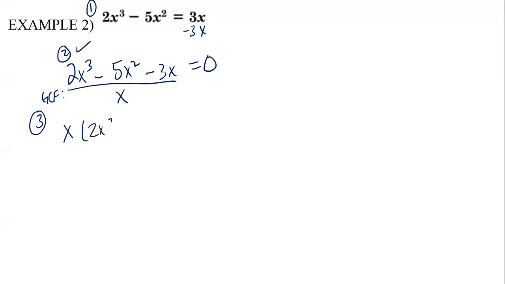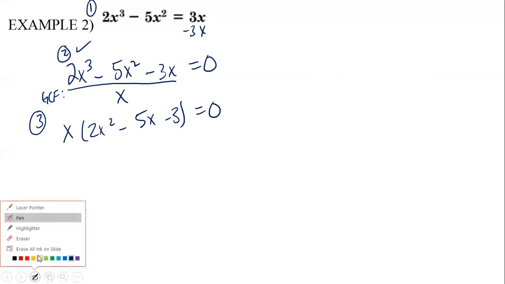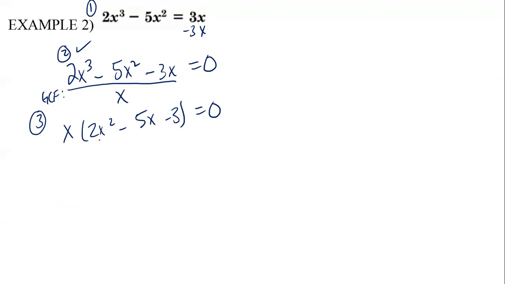And I'm left with 2x squared minus 5x minus 3 equals 0. Okay, now I just have a quadratic trinomial. So factoring this quadratic trinomial, I have a couple options. I have the X box, I have grouping, and I have the quadratic formula. You pick your poison. I'm going to do X box.